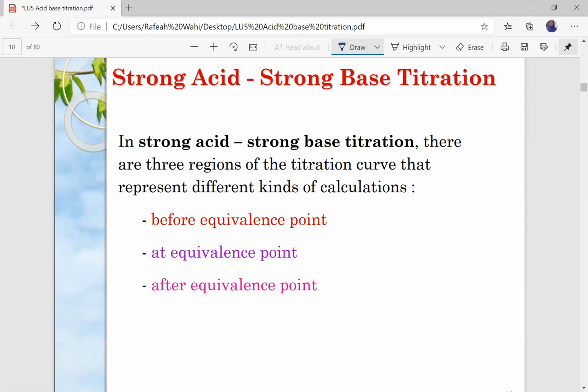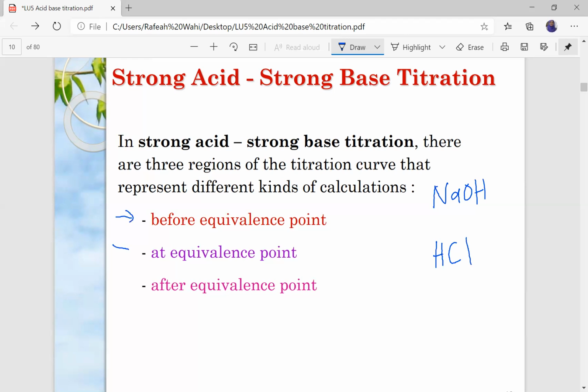So whenever you consider a titrant, which is a strong base, for example, sodium hydroxide, and an analyte, which is a strong acid, for example, HCl or hydrochloric acid, there are 3 points on the titration curve that we should know how to deal with, which is before the equivalence point, at the equivalence point, and after the equivalence point.